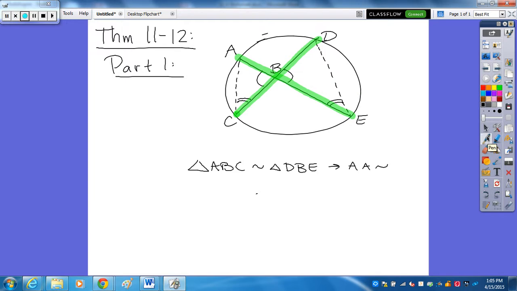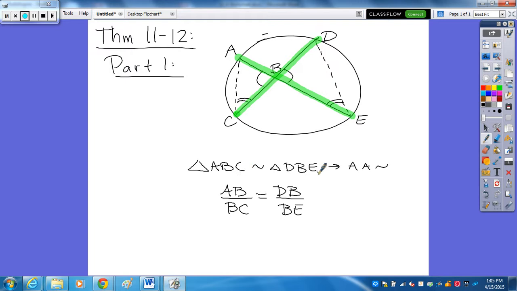I can take AB is to BC. This length is to this length as, looking at the other side, AB corresponds with DB is to BE.